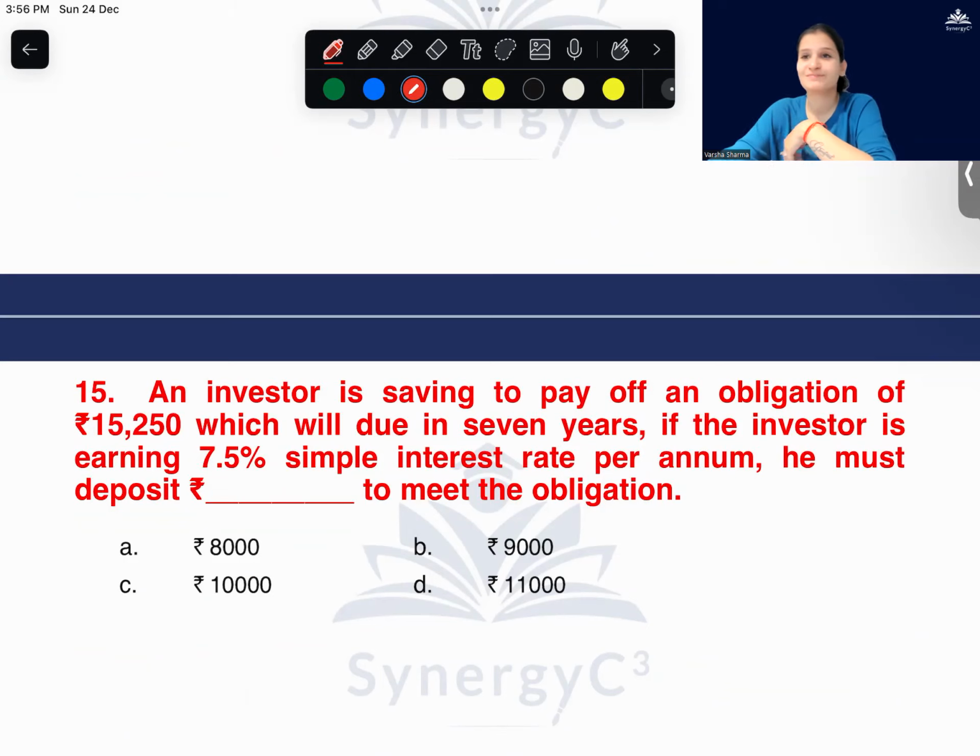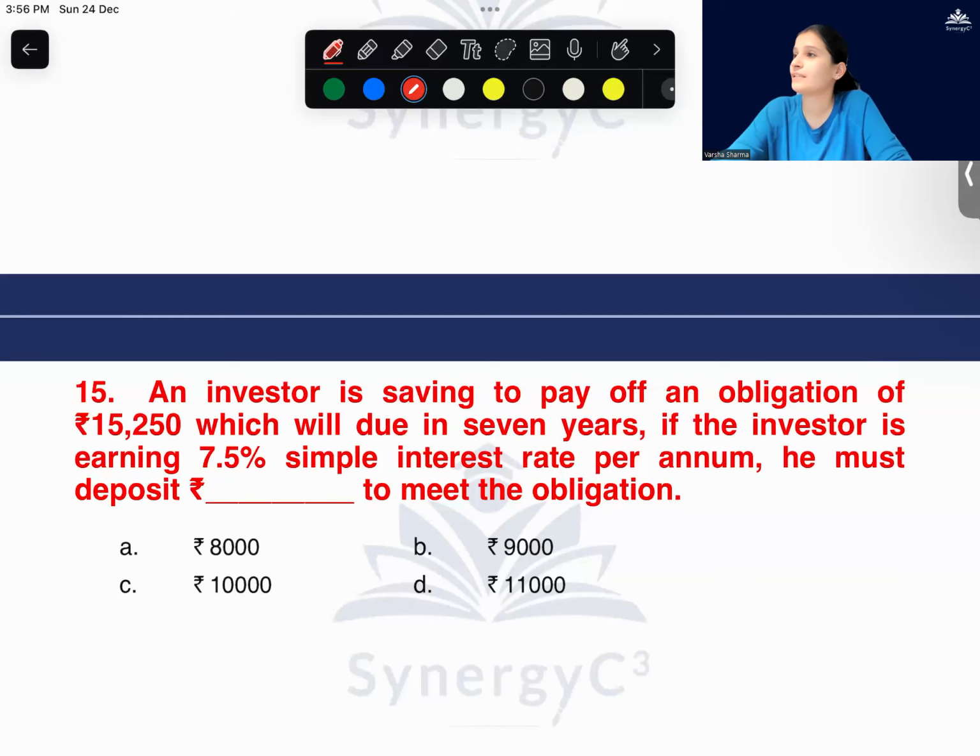Understand the language first. What is given and what do you need to find? Interest is here. Time is here. 15250 is what? Amount. How do I know? Because all the options are smaller than that. So it has to be smaller.